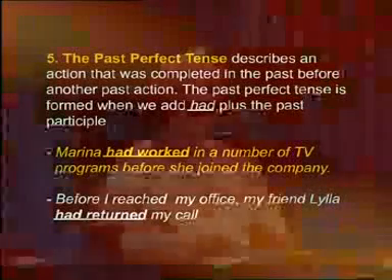Now, over there, had worked describes an action that was completed in the past before another past action, right? Before she joined the company. She had worked. Another example, before I reached my office, my friend Leila had returned my call. Had returned.